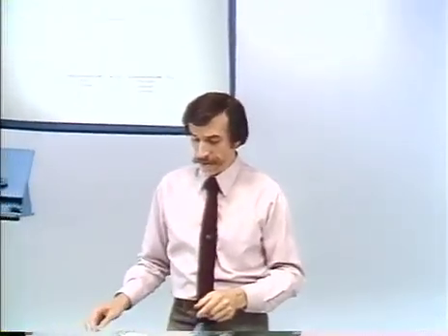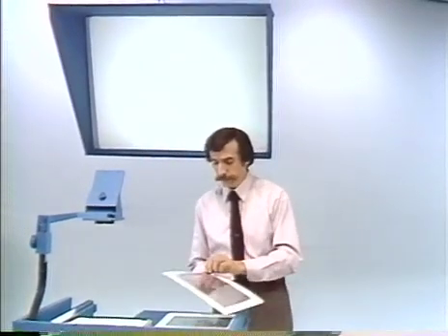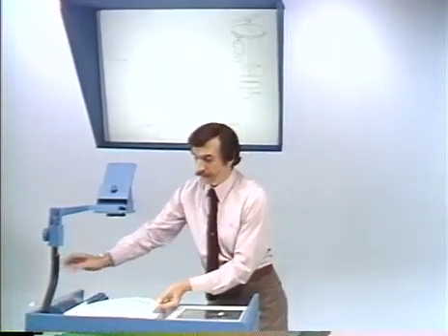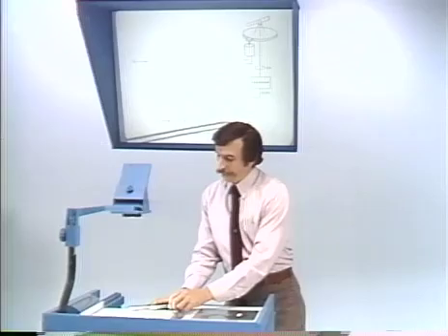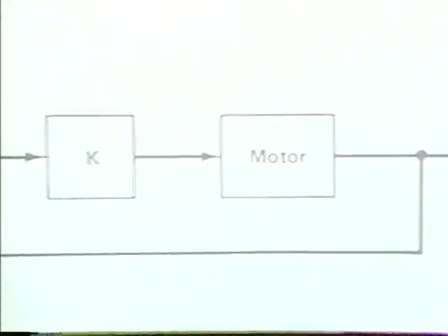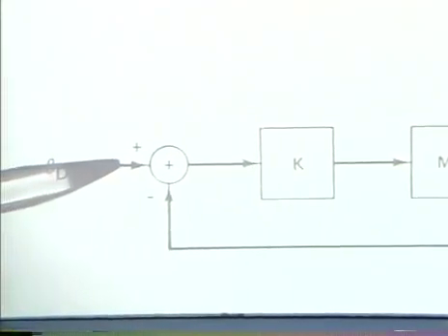So if we look at this in a feedback context, we would then take the measured output angle, and the measured output angle would be fed back and compared with the desired angle.